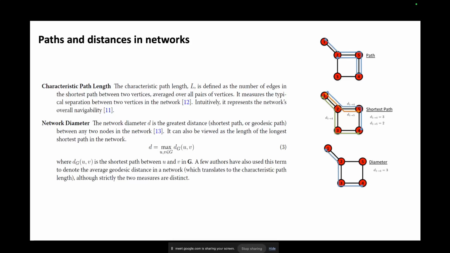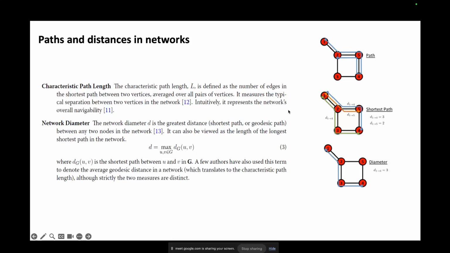Intuitively, how do you define the diameter of a circle? The diameter of the circle is the shortest path between two extreme points in a circle. Similarly, in a graph, the shortest path between two extreme nodes is known as the network diameter.